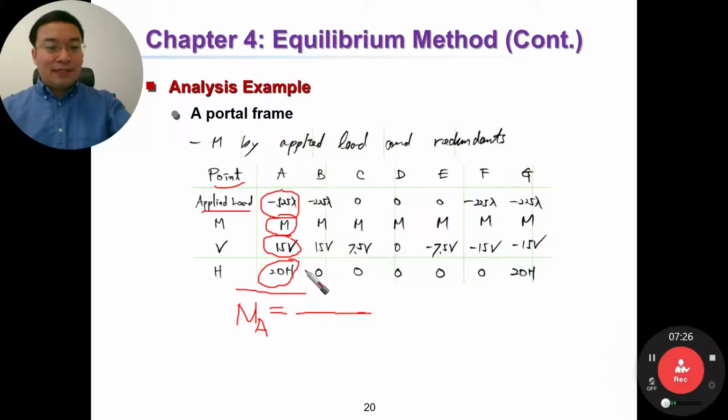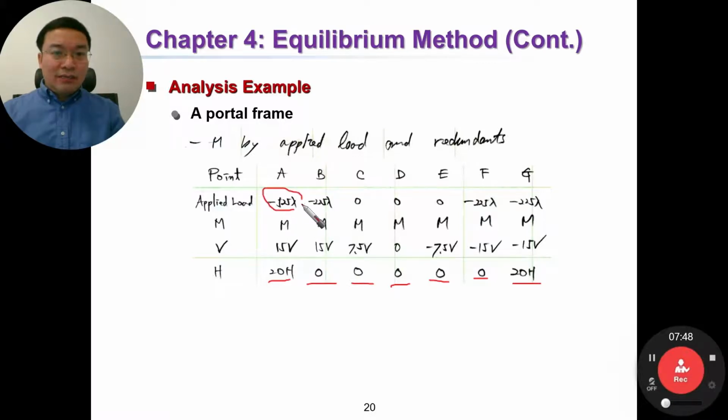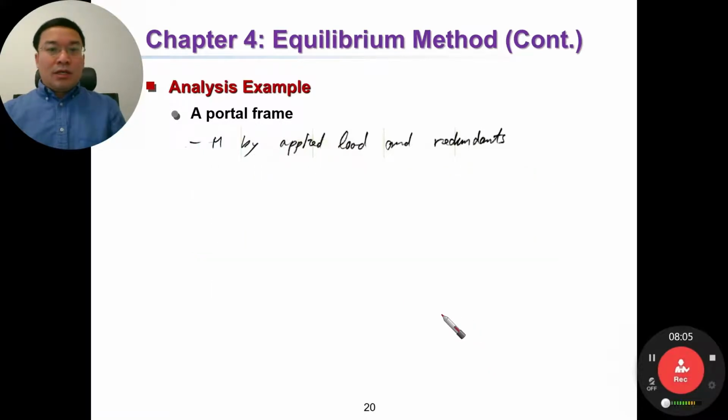Then we can determine M at B, M at C, M at D, M at E, M at F, and M at G. Every M here, you can calculate, you can sum it up. Very simple. This is based on how we determined each term in the previous step. Due to the previous step, you have to plot the moment diagram due to each component, and then you can write it out here.